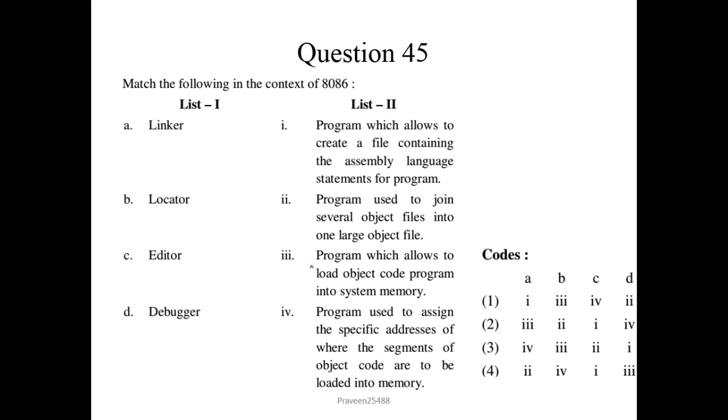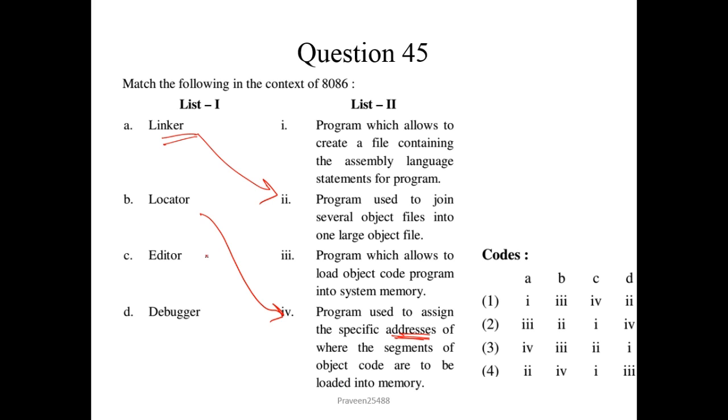Now question number 45. Match the following in the context of 8086 microprocessor. Here it is linker, the program used to join several object files into one large object file. So A is connected with 2. Now the locator is the program used to assign the specific address to find location of where the segments of object code are to be loaded into memory.